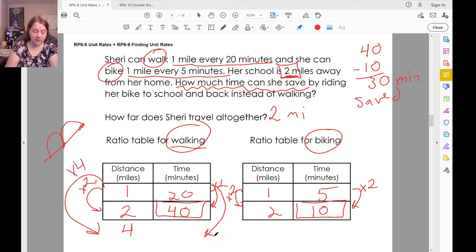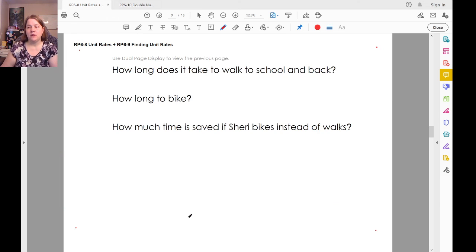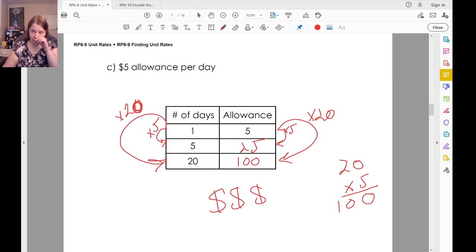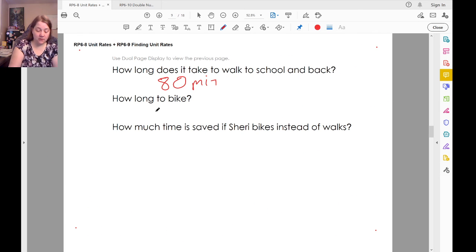So 20 times 4 is 80, which tells me to walk to school and back is 80 minutes. Then they want to know how long it would take to bike. Okay, so to go 4 miles here, 1 times 4 is 4. 5 times 4 is 20. So it would take her, wrong way. It would take her 20 minutes to bike.